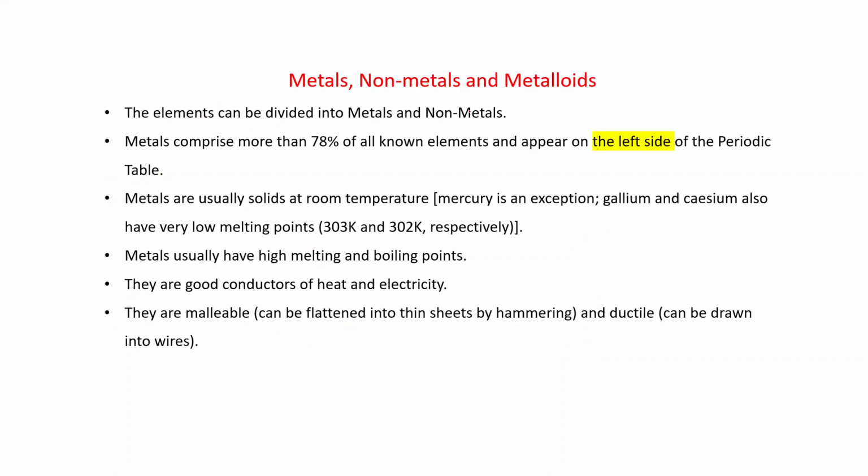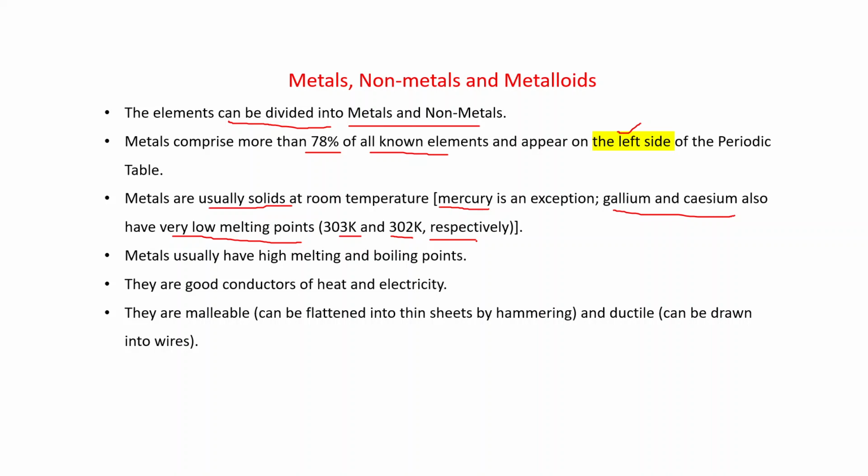Now metals, non-metals and metalloids. The elements can be divided into metals and non-metals. Metals comprise more than 70% of all known elements and appear on the left side of the periodic table. Metals are usually solids at room temperature. Exception is mercury. Gallium and cesium also have very low melting points, 303 Kelvin and 302 Kelvin respectively.